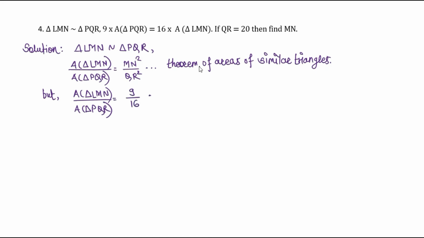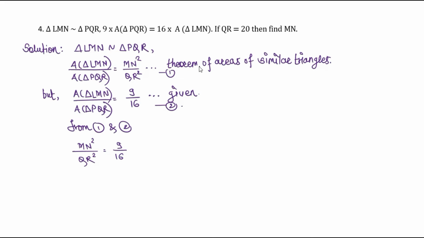This is given. So if I give the numbers 1 and 2 for these two steps, then from 1 and 2 I can write MN square upon QR square is equal to 9 by 16.